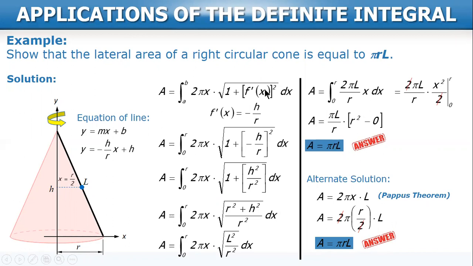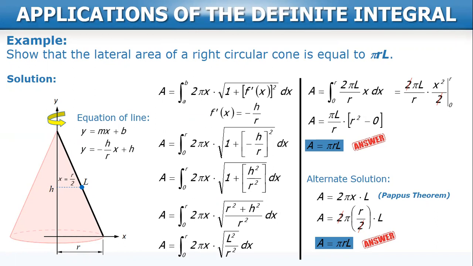And this one is using integration. So again, in computing for the lateral area, you have no choice with the circumference. It's 2 pi r. So all you have to do is find the radius, or the distance of the differential element dL to the axis, whether it's x or y, or x plus a certain distance, or y plus a certain distance.